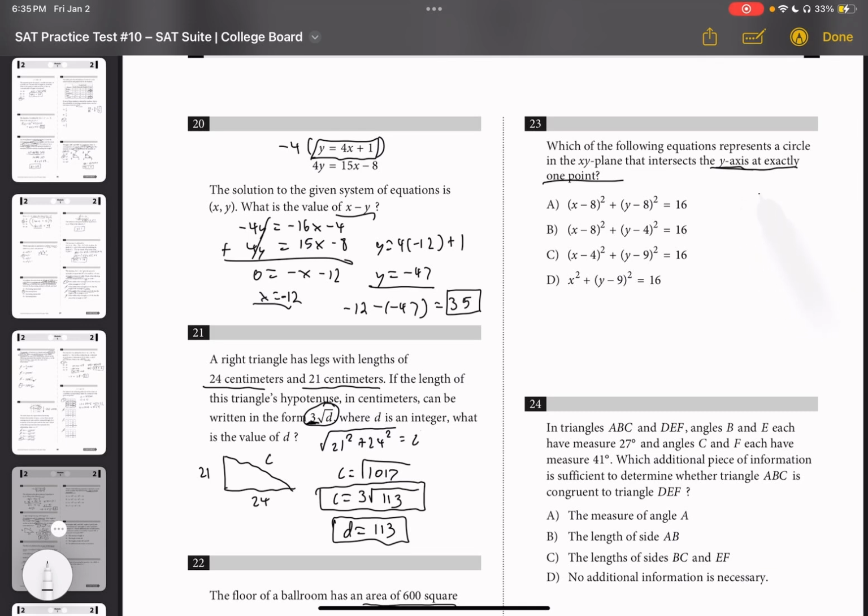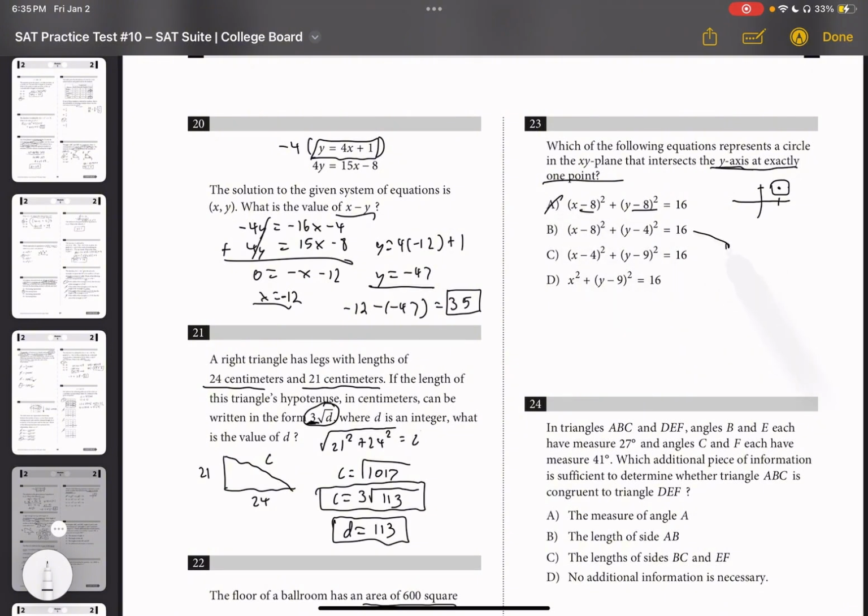I'm going to draw them out for you quickly, just a little sketch. So we know that the center of this one is going to be 8, 8. So let's just say that's this. And if our radius is 4, we're never going to intersect the y-axis. So this is incorrect.